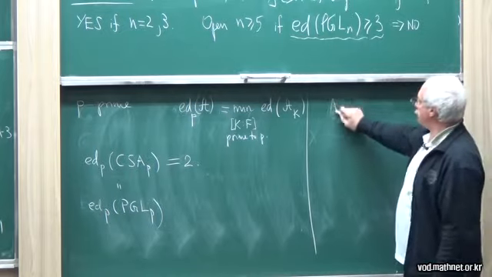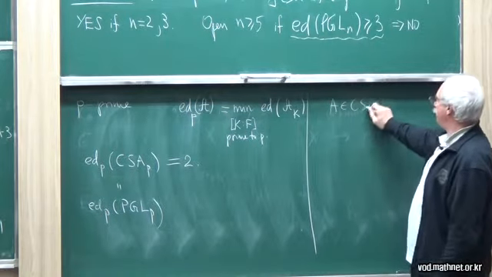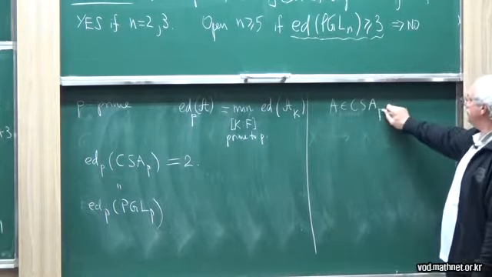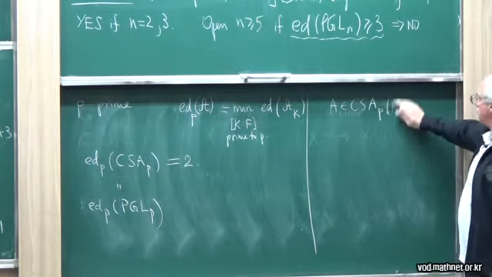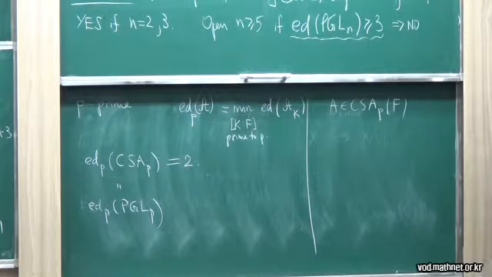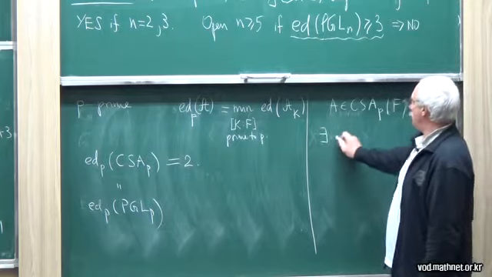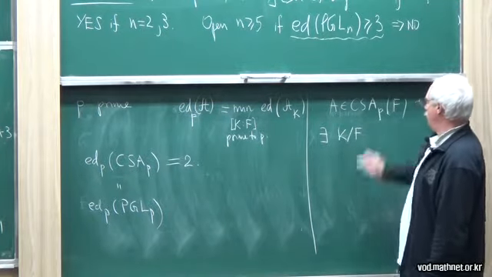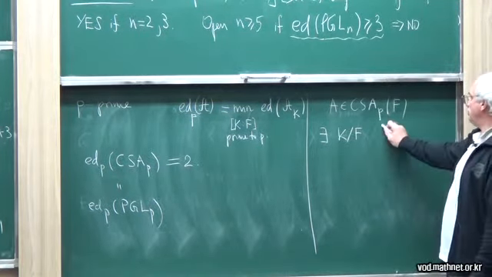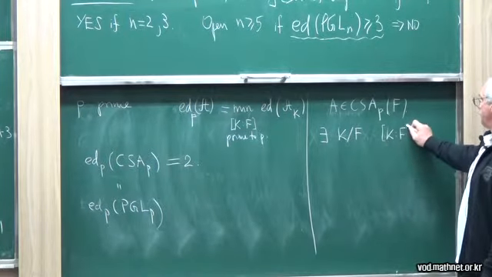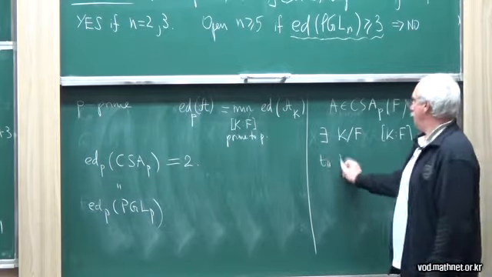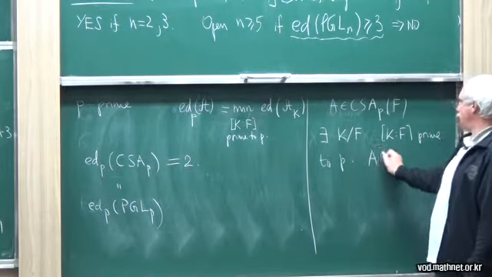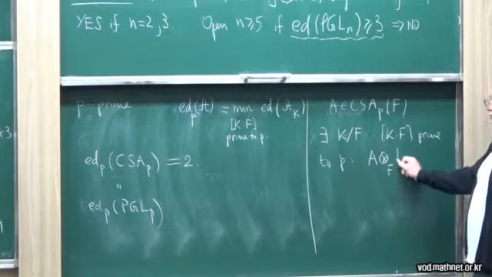If you take any central simple algebra of prime degree p over some field, I'll say F, we don't know whether it's cyclic, but what we do know is that there exists an extension K over F of degree prime to p, such that if you extend the algebra to that field, it is cyclic.